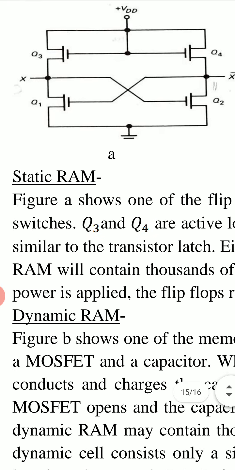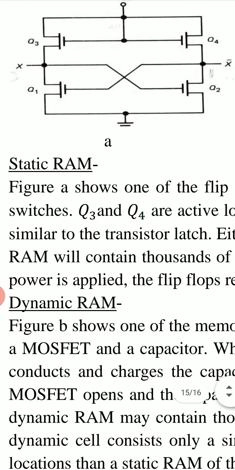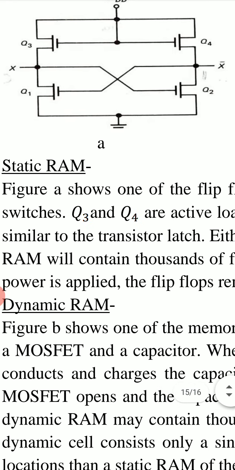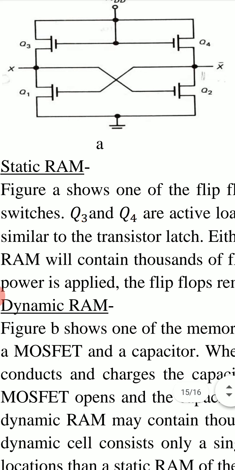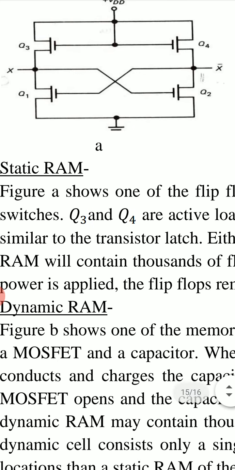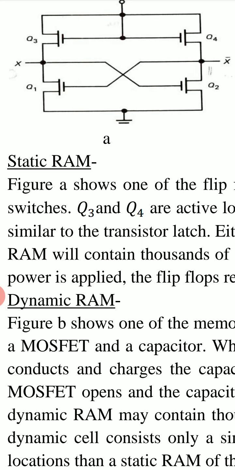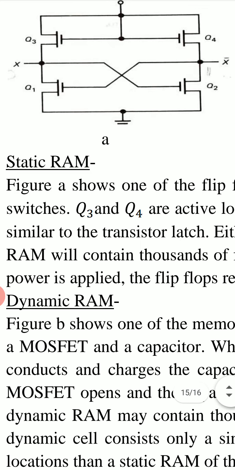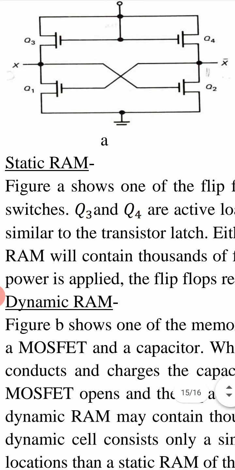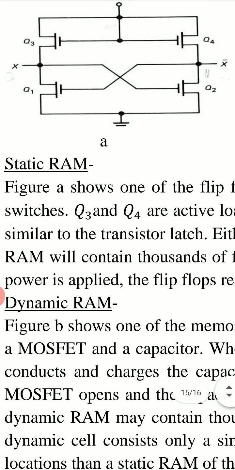And Q1 and Q2, these two MOSFETs, act like switches. If one is on, then the other is off, and vice versa. So at a time, one of the MOSFETs, either Q1 or Q2, is on and the other is off.